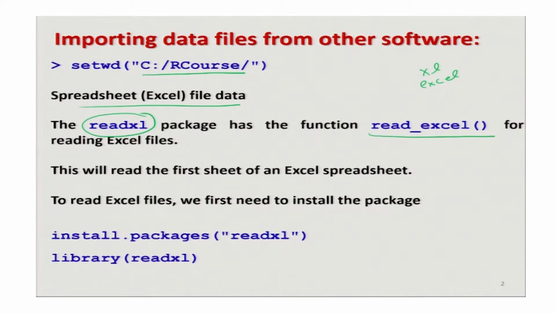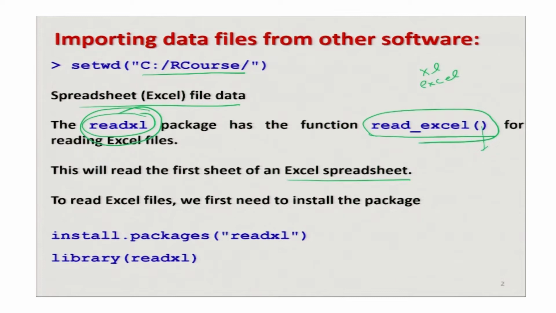So I will repeat once again, we need the readxl package to read spreadsheets which are created inside Microsoft's Excel software, and for that we need the command read_excel, and inside the parenthesis we will give the file name and some options. Right. And you know that in an Excel spreadsheet you can have more than one sheet within the same file.